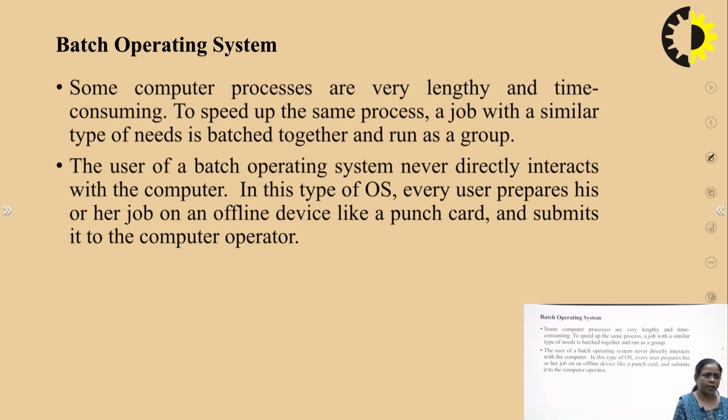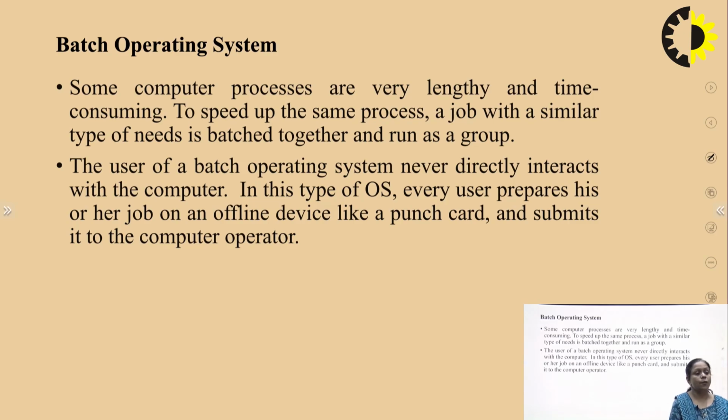The user of a batch operating system never directly interacts with the computer. In this type of operating system, every user prepares his or her job on an offline device like a punch card and submits it to the computer operator. This is a very important thing in this type of operating system.